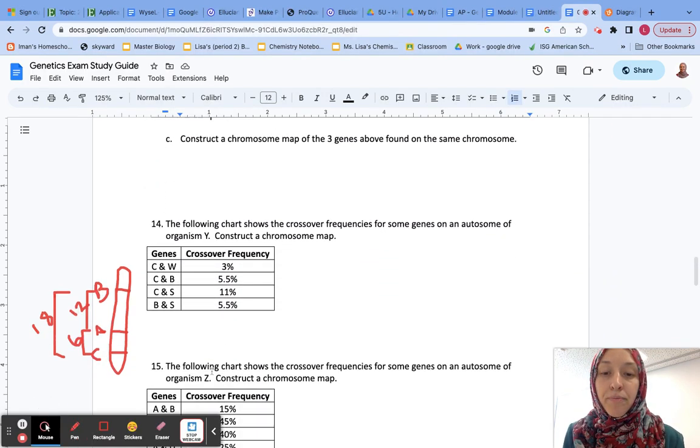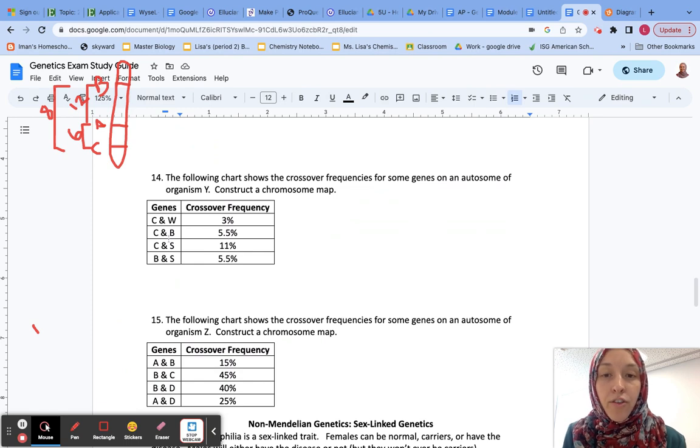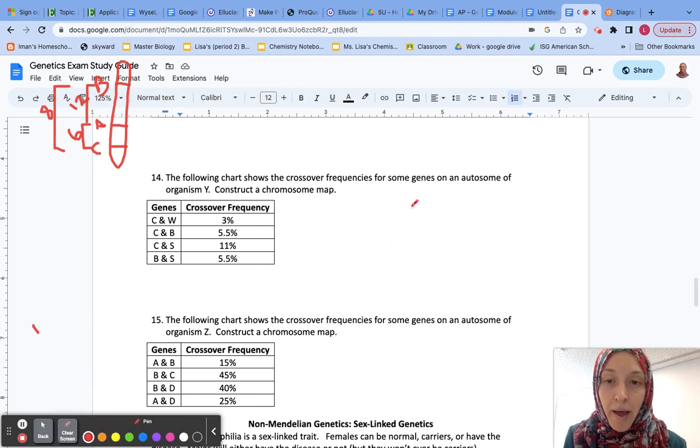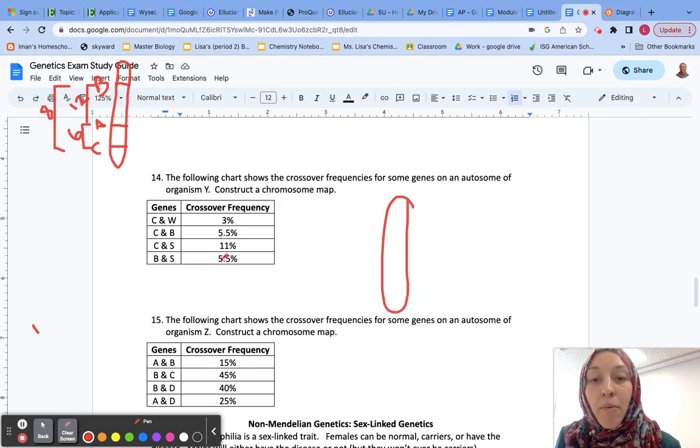Let's do another one. Okay. So this one shows the crossover frequency for some genes on an autosome of organism Y. Construct a chromosome map. It's so hard to draw with this. Okay. When I look here, I notice that 5.5 plus 5.5 equal 11.